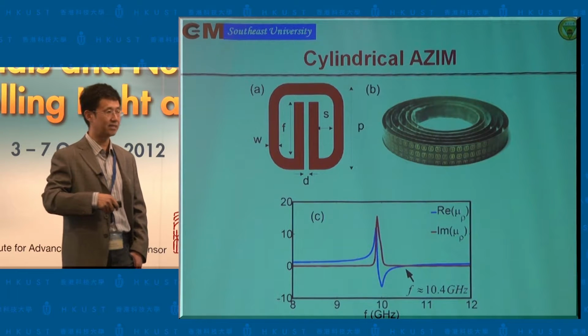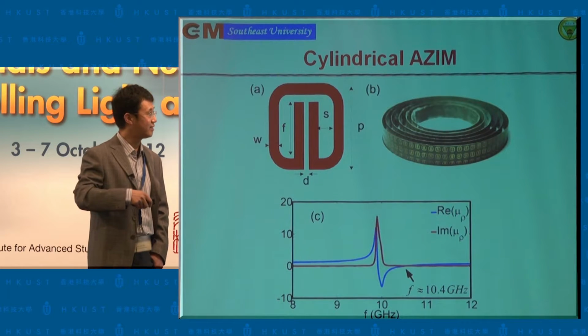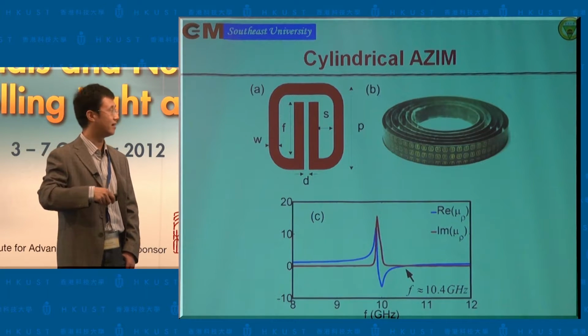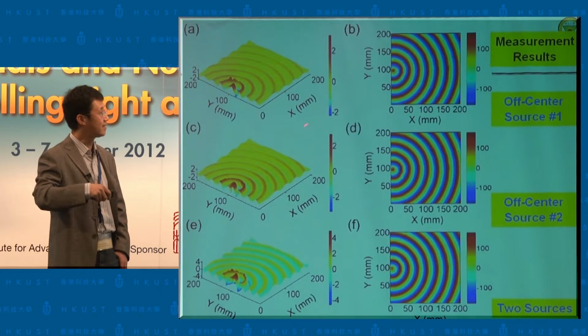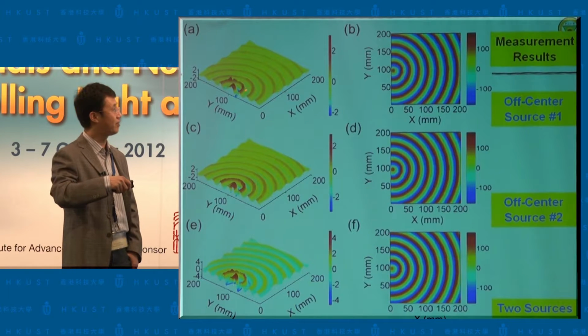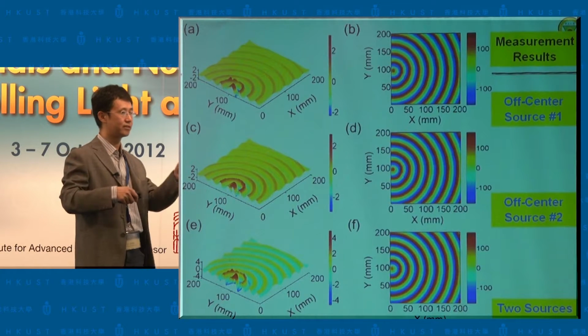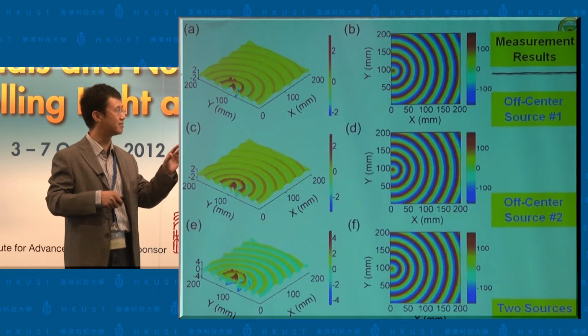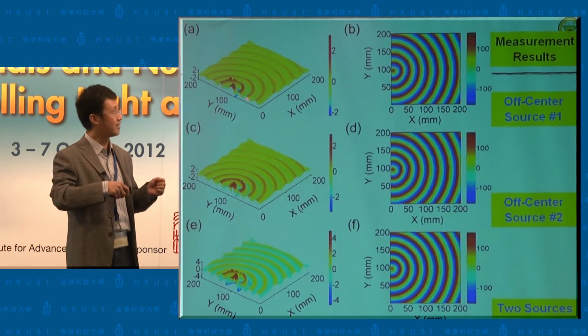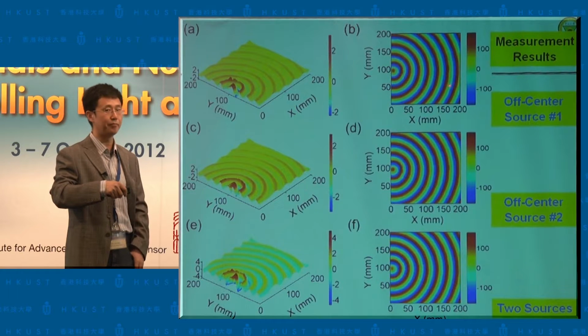So this is an experimental realization. We still use the SRR structure to realize the anisotropic component of the AZI, and these are the measurement results. In the first case, we put a source in one position apart from the center. This is a measured amplitude. This is a measured phase.